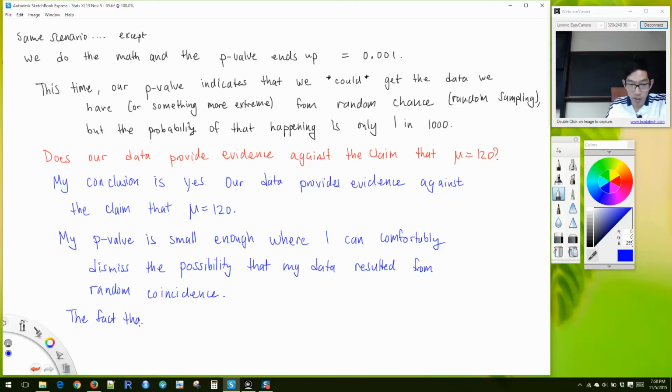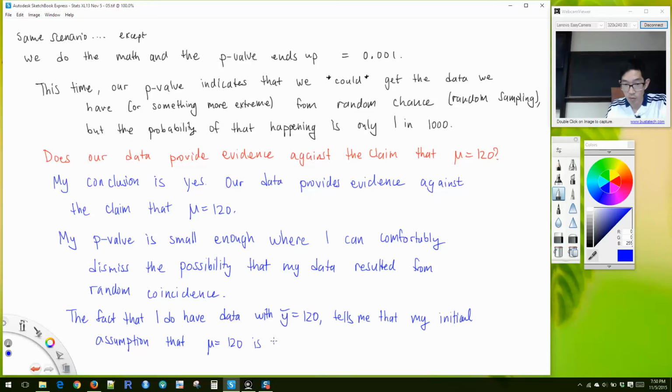The fact that I do have data with y bar equal to 120 tells me that my initial assumption is wrong.